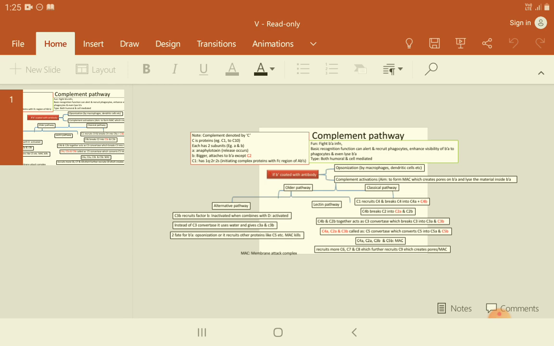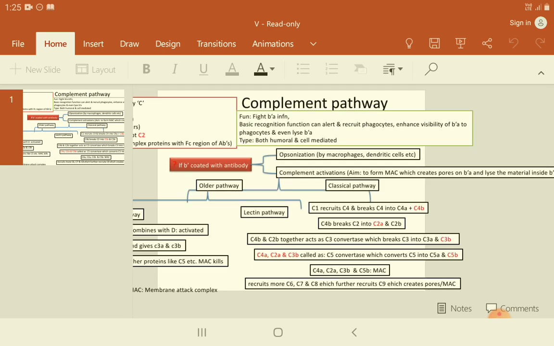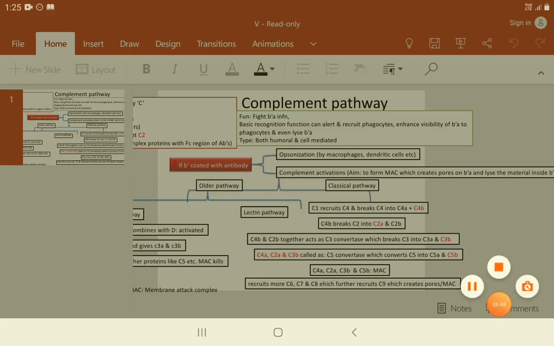In this way the bacteria will further either be opsonized or phagocytosed, or it recruits proteins like C5 and the membrane attack complex will form. In this way the bacteria gets lysed. This is a very simple understanding of all about the complement pathway. Thank you.